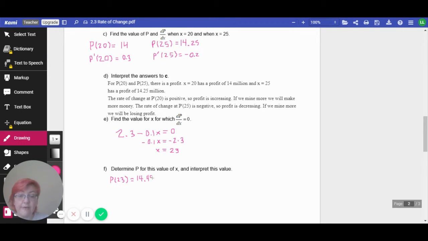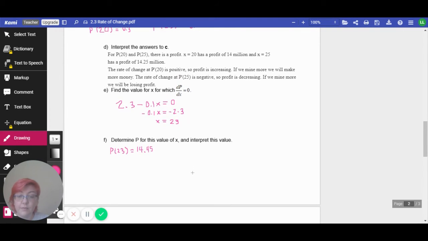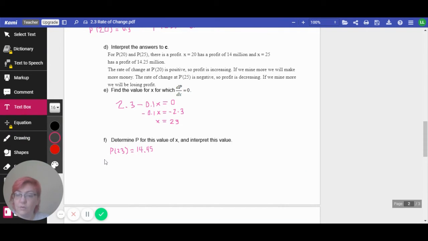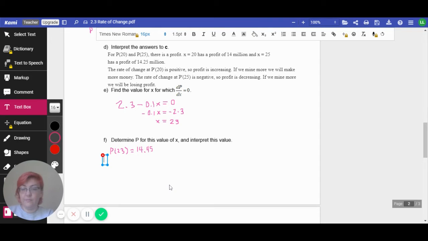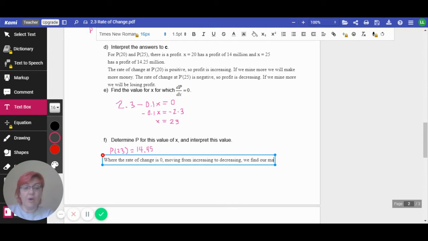So that's the biggest value I've gotten so far. What does that mean? Well, where the rate of change is 0, moving from increasing to decreasing, we find our maximum profit.